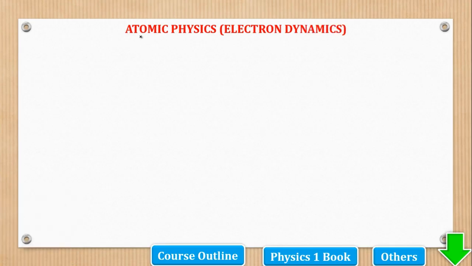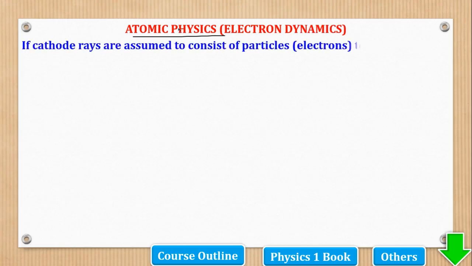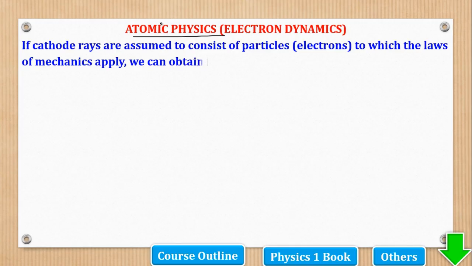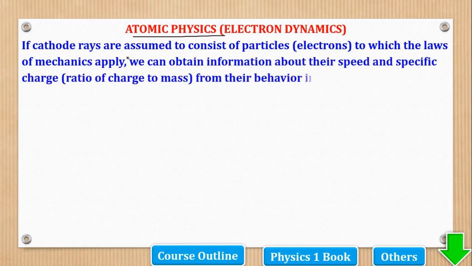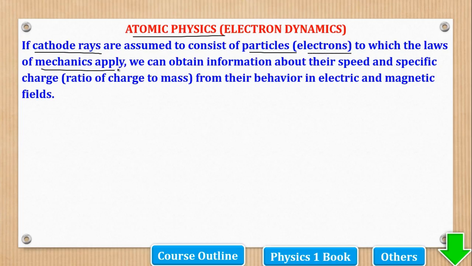So now we shall start our topic of atomic physics, or what we call electron dynamics. If cathode rays are assumed to consist of particles, in brackets electrons, to which the laws of mechanics apply, we can obtain information about their speed and specific charge.